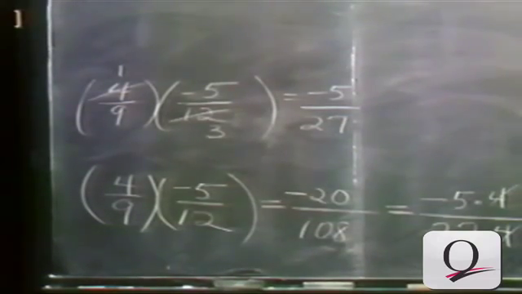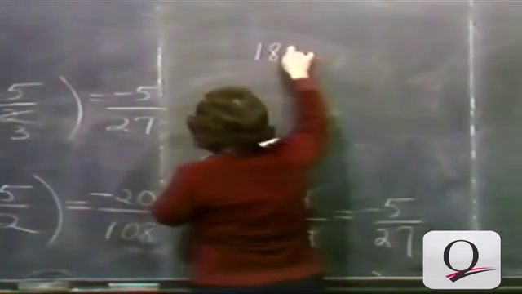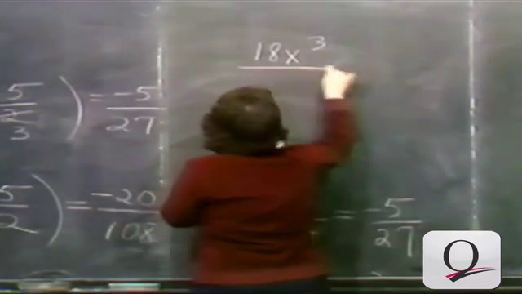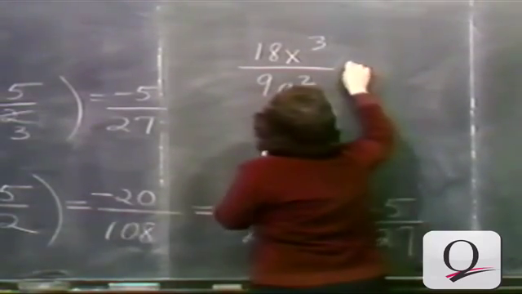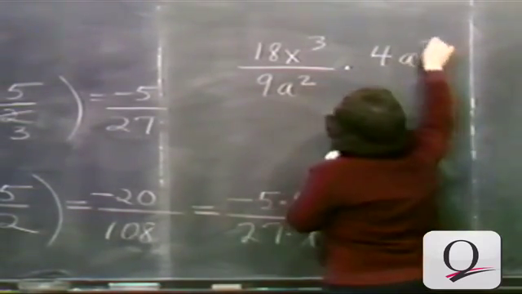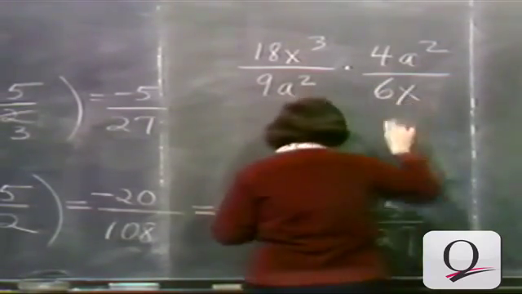Okay, let's try some more complicated problems. 18x cubed over 9a squared times 4a squared over 6x.